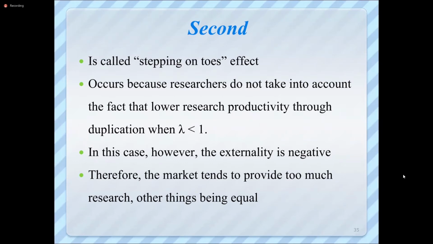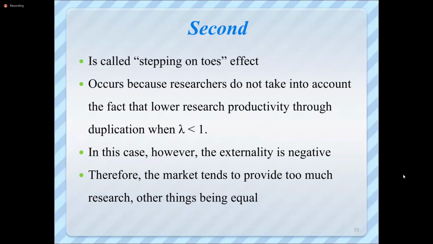What do we mean by stepping on toes? It occurs because researchers do not take into account the fact that there is lower research productivity through duplication. The share of population may rise, but every single researcher is doing the same research. For example, at this particular time period, the number of researchers increased. Everyone is doing research on COVID-19, right?